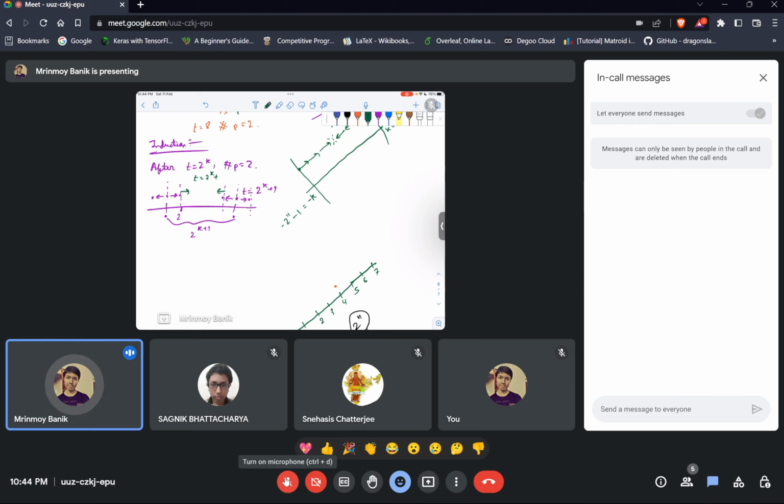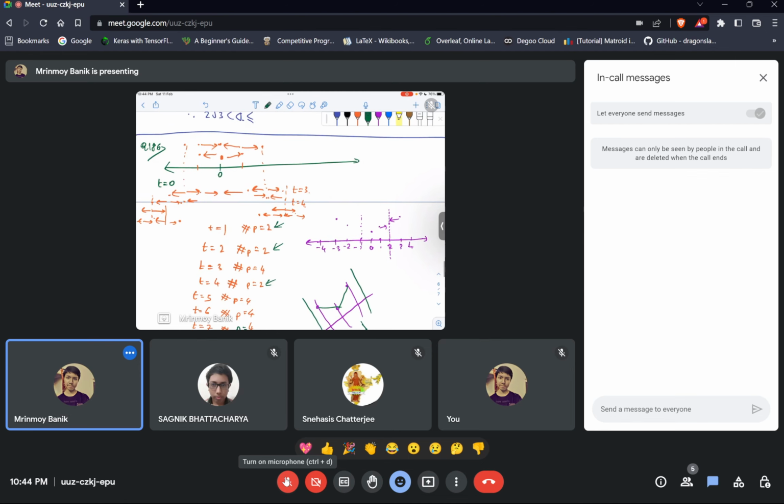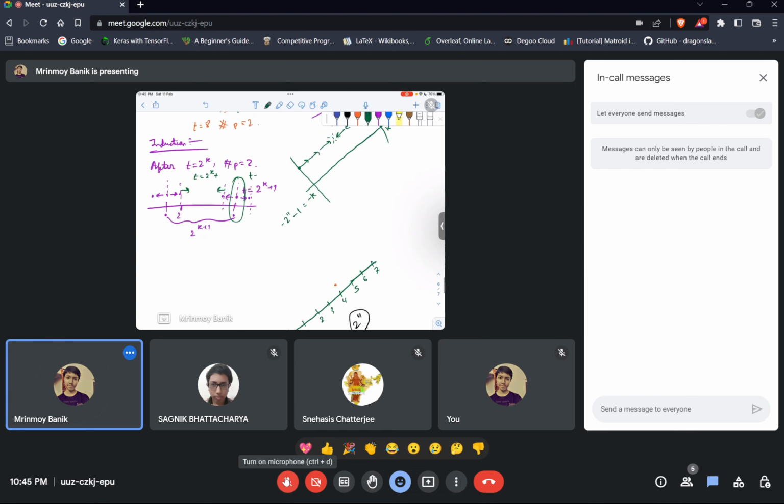So we can consider each of them as the t equals 0 case, or t equals 1, I guess that was called. Yeah, sorry, it's the t equals 2 case.